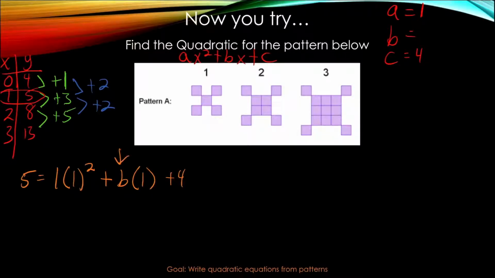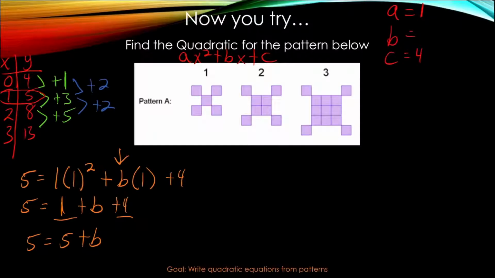Notice once again, the only thing I don't know is my b value. So I can say 5 equals 1 squared is 1 times 1 is 1, plus b times 1 is just b, plus 4. We combine like terms, 1 and 4. So we get 5 equals 5 plus b.